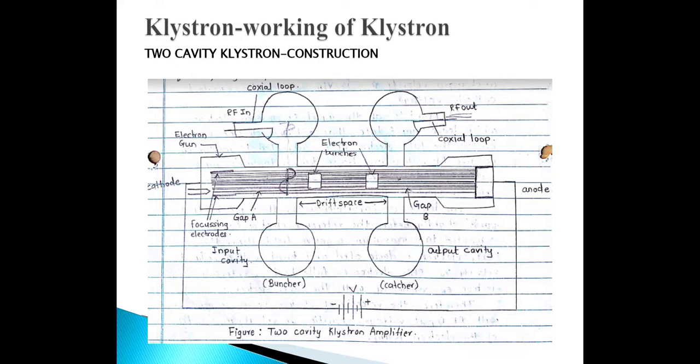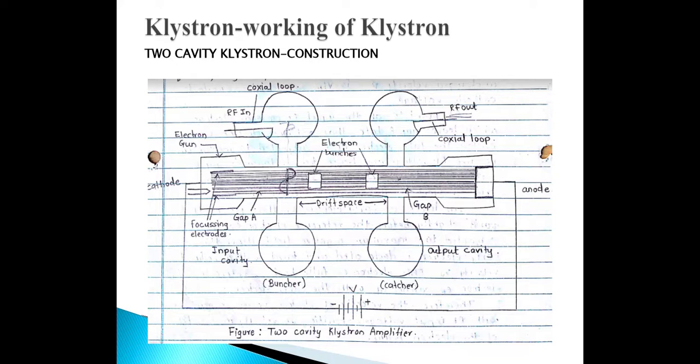Let this electron be called the reference electron, that is ER, which travels with an unchanged velocity of square root of 2eV divided by m, where V is the anode to cathode voltage.